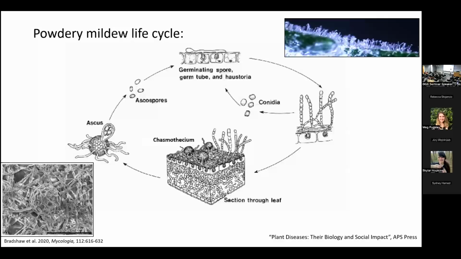One of powdery mildew's claims to fame is that, in the 1800s, they used to think that this was two different organisms. So they would give a name to the asexual stage, and then they'd give a name to the sexual organism. But in this great piece of work in the 1850s by the Tulasne brothers, they showed that this was actually the same organism, and they used powdery mildew as one of the main fungi to prove this.